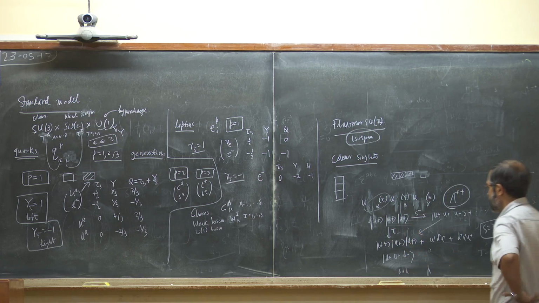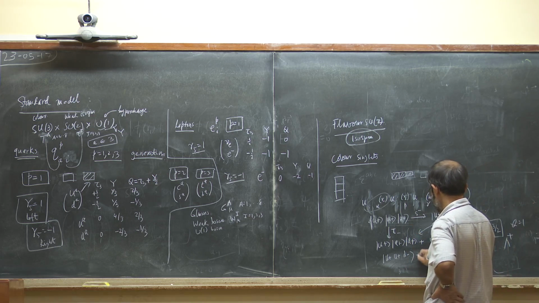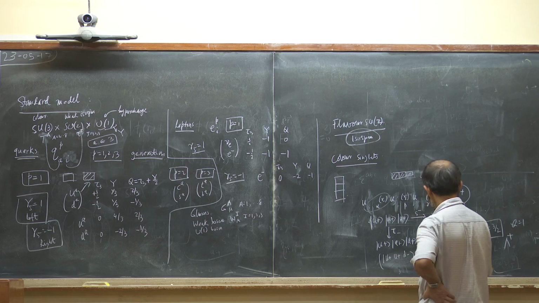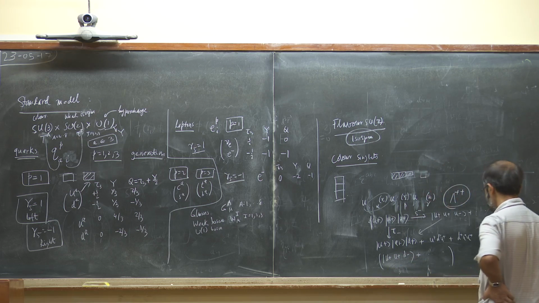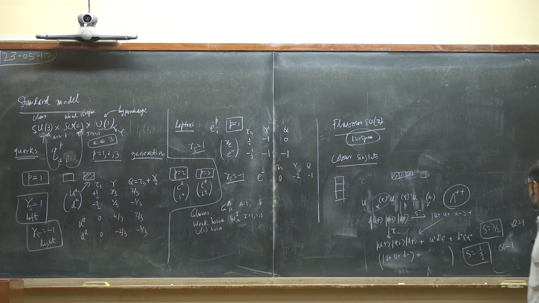Okay, good. So this fellow and the suitable linear combination. Let's check out what the property of that is. So S is equal to half by construction, and charge is equal to 1. And it's a baryon. Any idea what this object is?